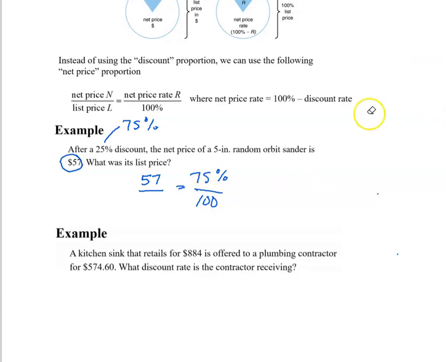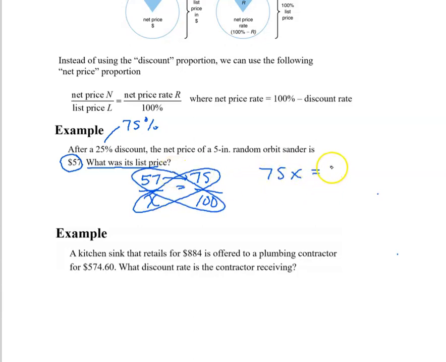If we're looking for the list price before the discount, this is our discounted price, and that discounted price was only 75%. Then what is our total price if it was at 100%? So we would say 75 times X is equal to 57 times 100, which is going to be 5,700.